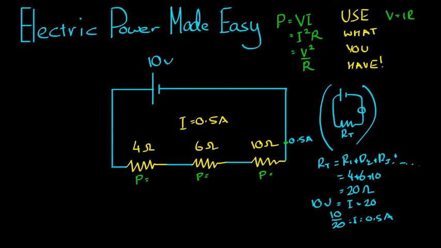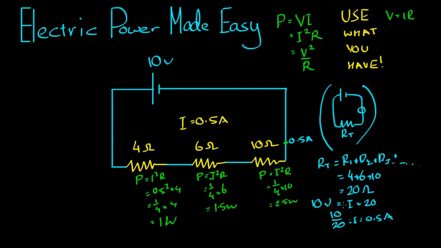P for this one here is equal to I squared R, which was 0.5 squared times 4, or 1 on 4 times 4, 1 watt. The power for this one here is equal to I squared R, which is equal to 0.5 squared, that's 1 on 4 times 6, which is equal to 1.5 watts. The power for this resistor here, I squared R, 1 on 4 times 10, 2.5 watts.